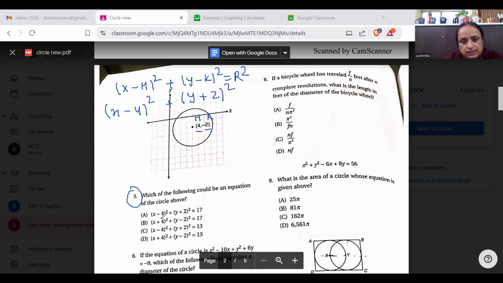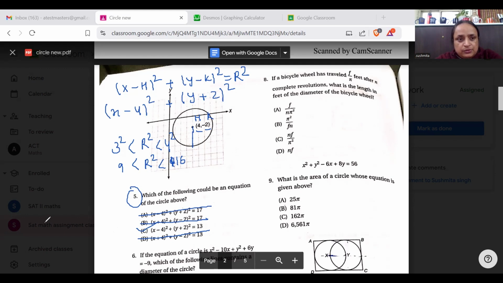So obviously b and d would go away. Now over here, you can see 1 unit, 2 units, 3, and slightly more than 3. So the radius is greater than 3 but less than 4, so r squared is anything between 9 and 16. So obviously this option goes away and this is your answer.